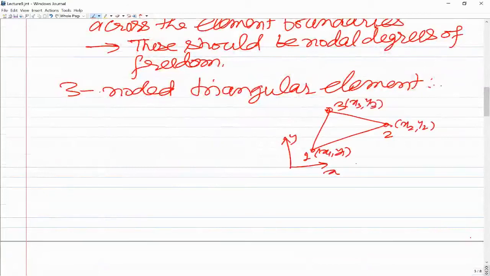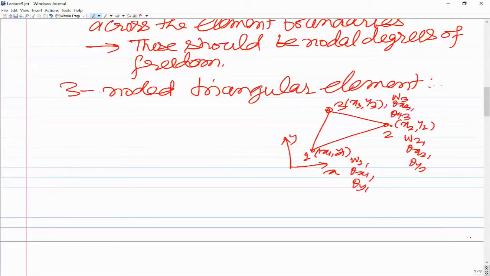The degrees of freedom, because we said the primary variables should be degrees of freedom at the nodes, will be w1 theta x1 theta y1. Similarly at this node we will have w2 theta x2 theta y2. At node 3 we will have w3 theta x3 theta y3.